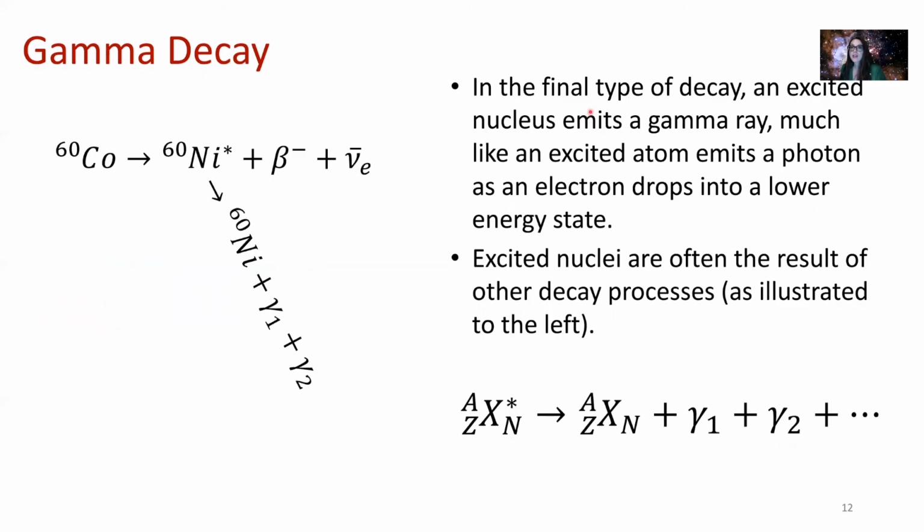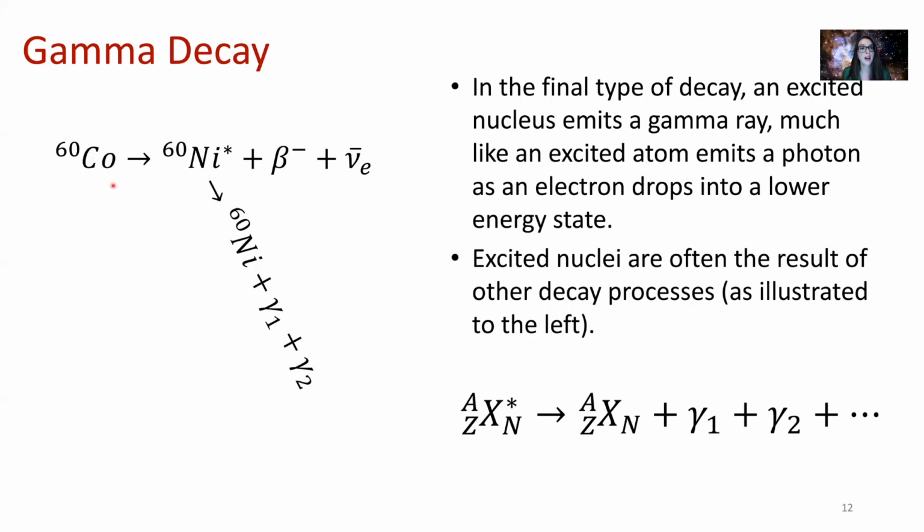In the final type of decay here, gamma decay, an excited nucleus emits a gamma ray, much like an excited atom emits a photon as an electron drops into a lower energy state. These excited nuclei are often the result of other decay processes, as illustrated here.